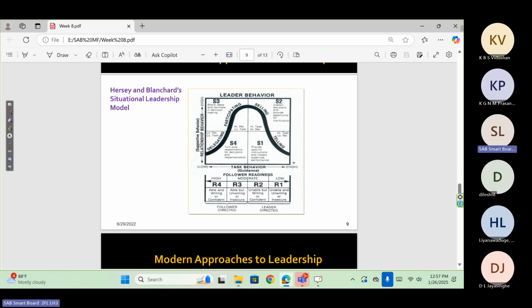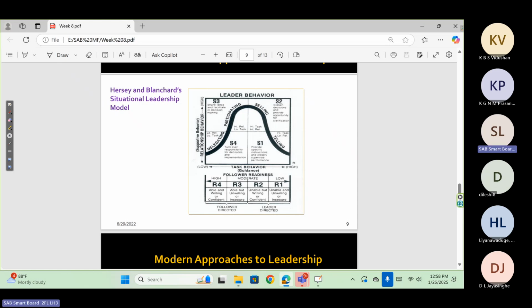Because of the change in behavior, the leader should move from S2 to S3, style 3, which appears as participate. Participate is another area of the democratic leadership style. The combination is low task, high relationship. Task consideration is low, but relationship consideration is high.